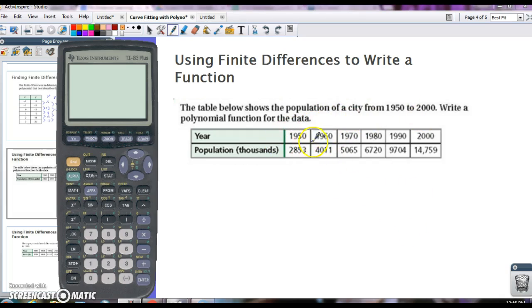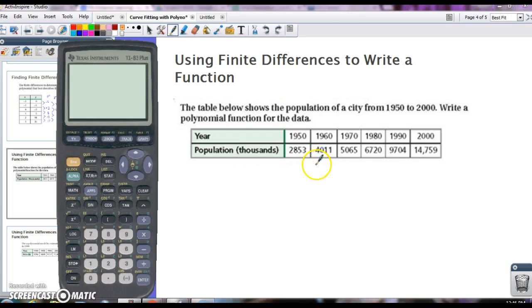Our difference in all of our x's is 10. You can tell by looking at that, which means we can go down to these population values and find what level we get that constant difference at.